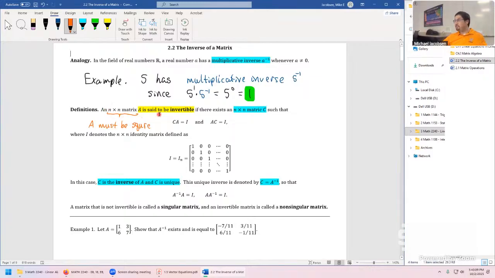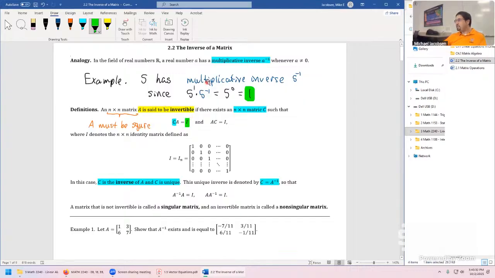The matrix A is invertible if there's another square matrix of the same size, call it C, such that when we pre-multiply C times A, we get the identity. That's the multiplicative inverse for matrix multiplication, because the identity times any matrix gives that matrix back.